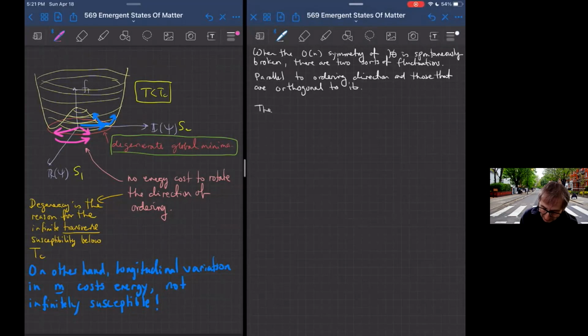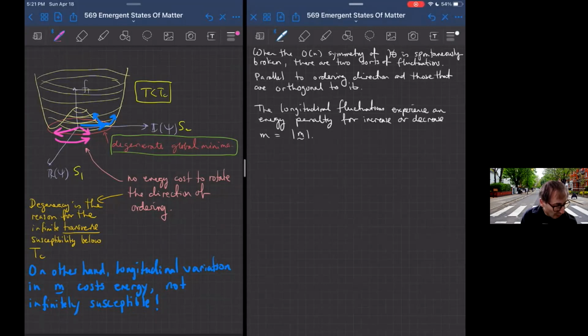So the longitudinal ones experience an energy penalty when you increase or decrease m, which is the magnitude of the order parameter.